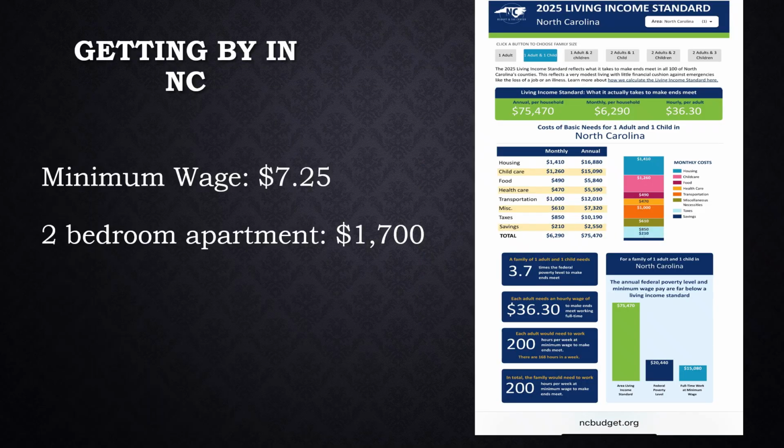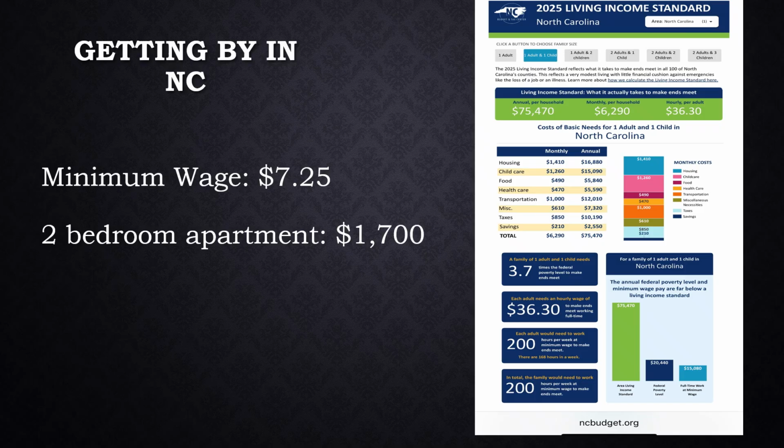So I thought I'd give you just a few facts and let you look at how people are surviving with their income. So in North Carolina, the minimum wage is $7.25. If you look at Charlotte, a typical two-bedroom apartment costs $1,700.